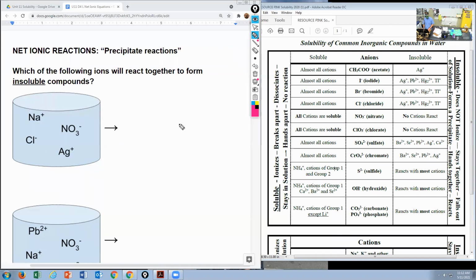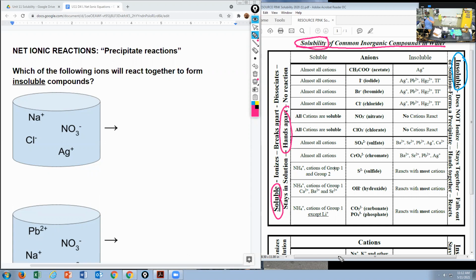And so what we want to do is take out the solubility of common inorganic compounds. Solubility, again, is whether or not things are going to dissolve. So this side over here is soluble, and this side on the other side is insoluble. Soluble means that your hands are going to come apart. So when I'm talking to you in class and I say, what does soluble mean?